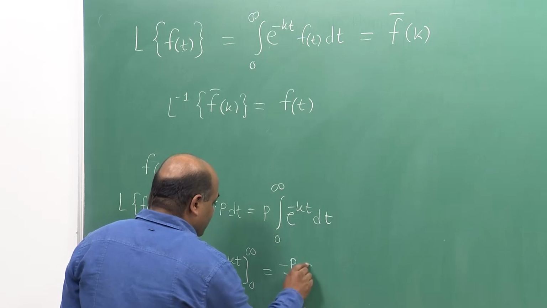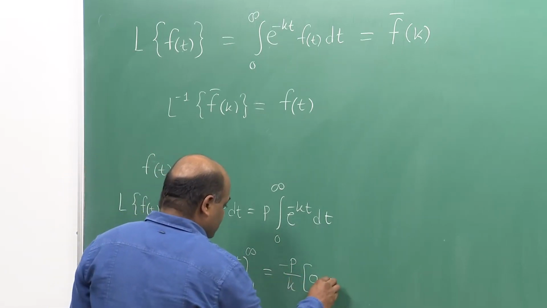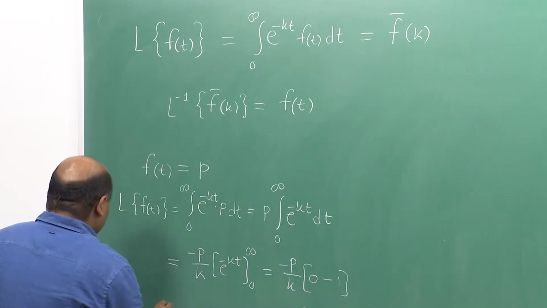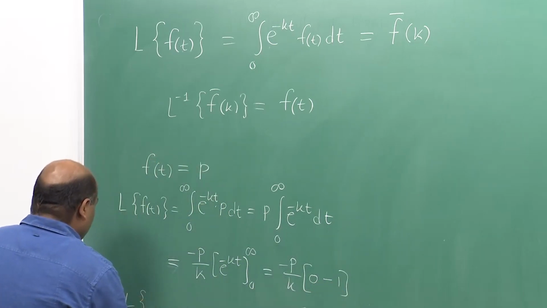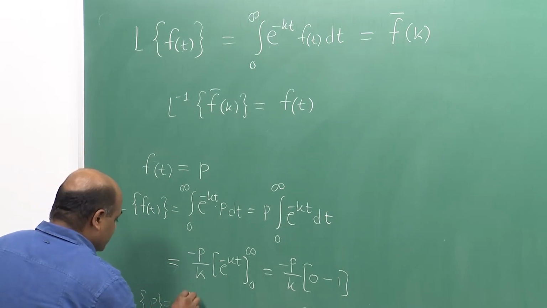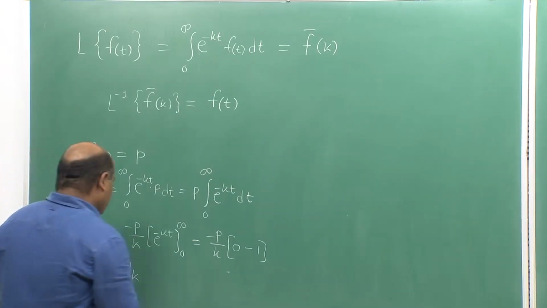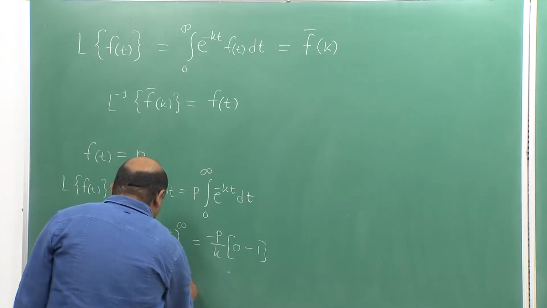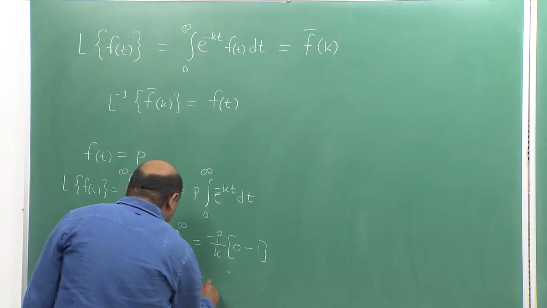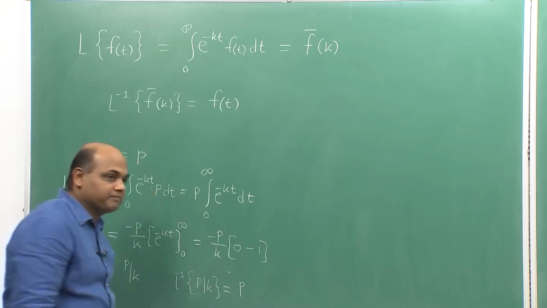Minus p by k, e to power minus infinity is 0, e to power 0 is 1, and so you get L of constant p is equal to p by k, or you can write L inverse of p by k is equal to p.